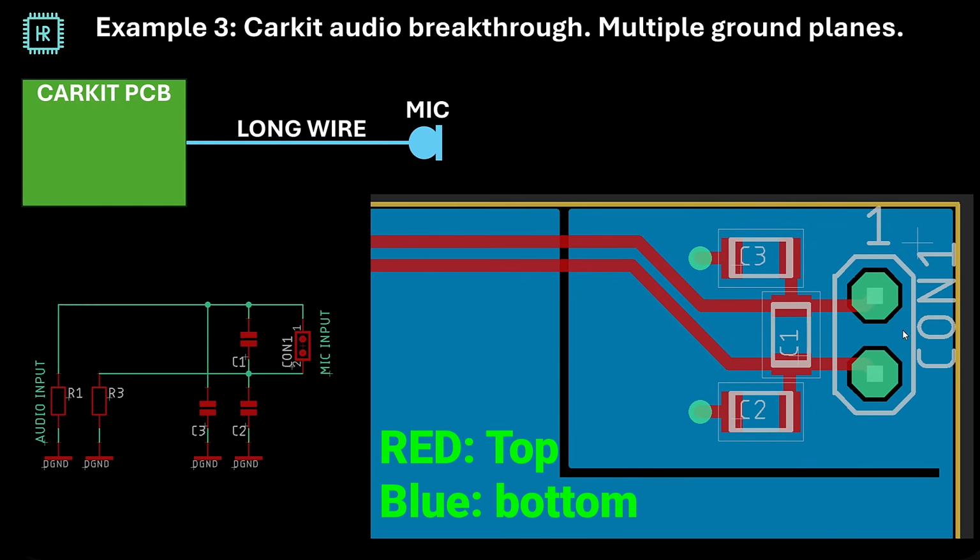So this is the way it was done. Basically, the designer was aware of this problem. He thought, okay, I'm going to leave the interference on a separate ground plane so it cannot get onto my main ground plane. So you can see here it's a separate ground plane and the connection is here. And the thinking behind this was, I'm going to put this connection as far away from the wires as possible to keep the interference as far away from the wires as possible.